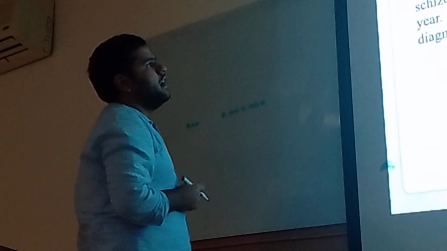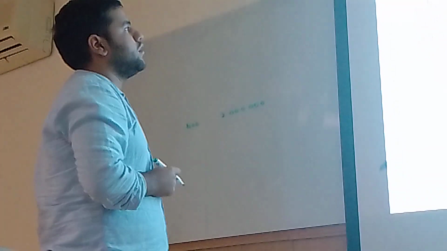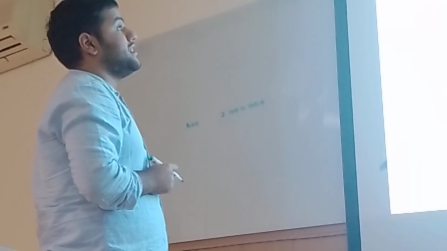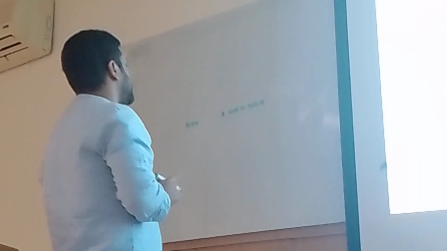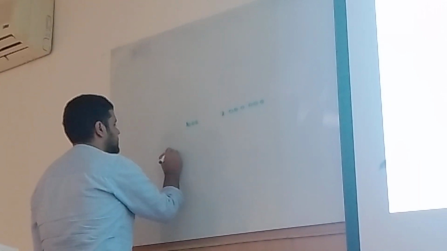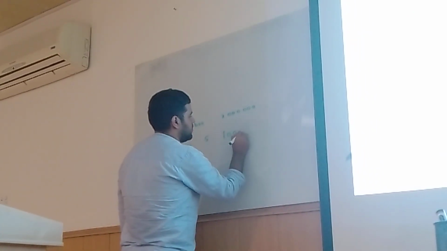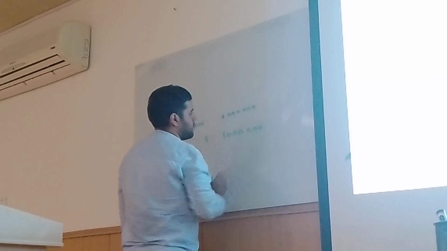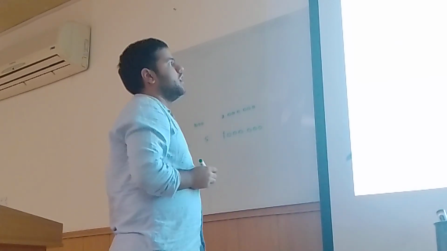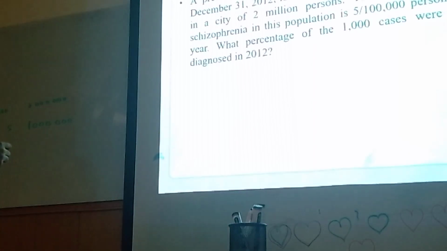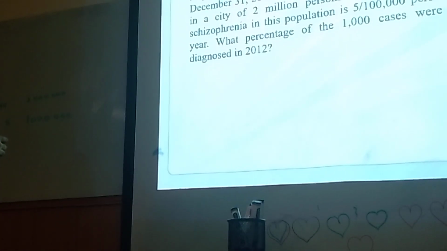And after that, the incidence rate of schizophrenia in this population is 5 per 100,000. What percentage of the 1,000 cases were newly diagnosed?